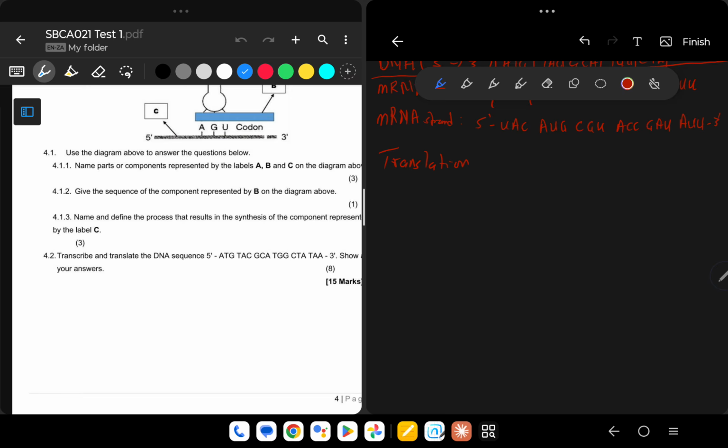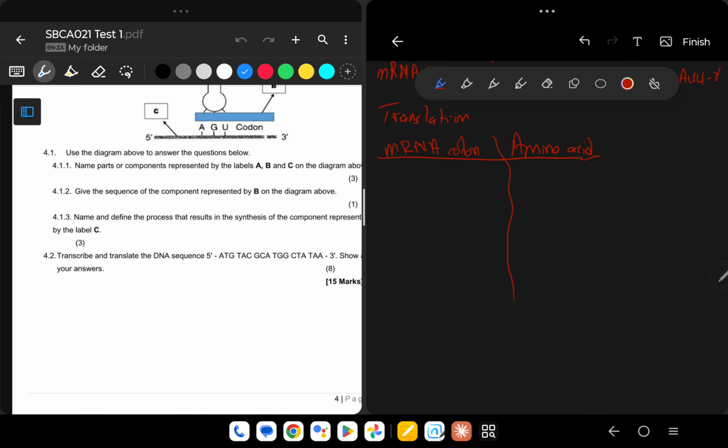So in translation, you have the mRNA codon, and also you must have a corresponding amino acid, right? And then this side you have the mRNA codon.